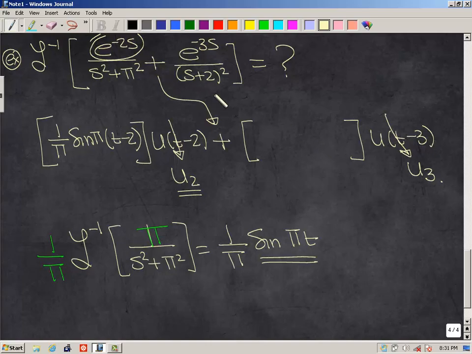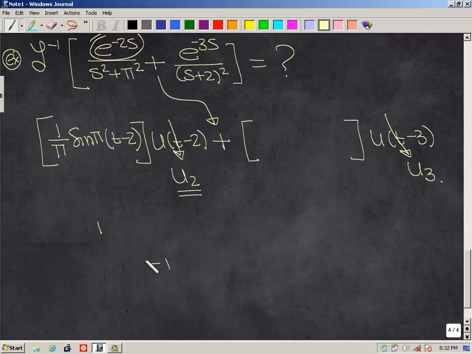Well, let's take a look at the other one. I'm going to erase this side row. We want to find the inverse. If you ignore the exponential for a second, we have 1 over (s plus 2) squared. So what does that look like? If I didn't have this 2, it would just be s squared, so the inverse of that would be just t.